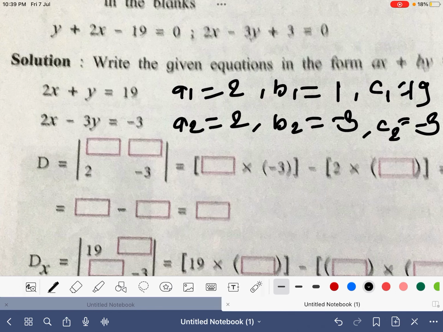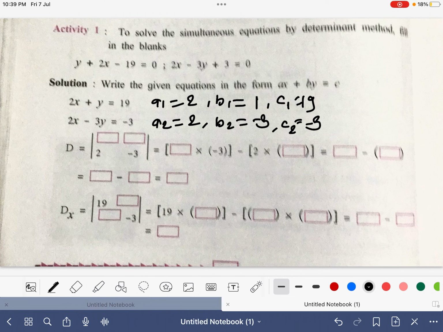Okay, and we have to solve this equation. So as per the formula, first of all put the formula and then try to solve it.